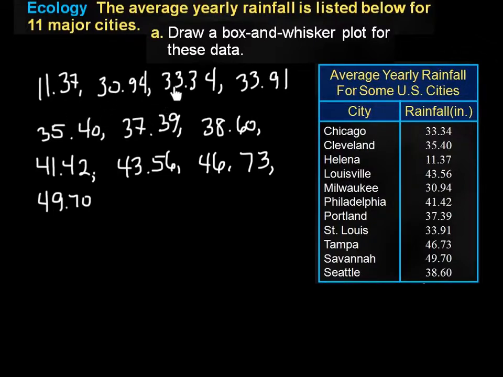1, 2, 3, 4, 5, 6. And just counting again, 1, 2, 3, 4, 5. Yep. Okay, so my median is 37.39. And then conveniently, I'm going to have 1, 2, 3, 4, 5 pieces of data above and below.